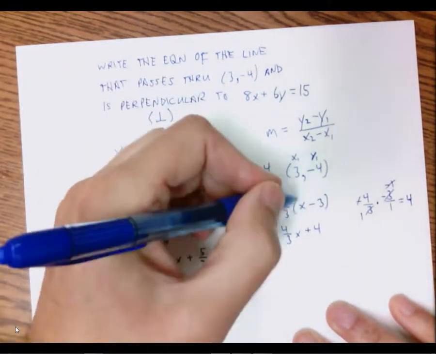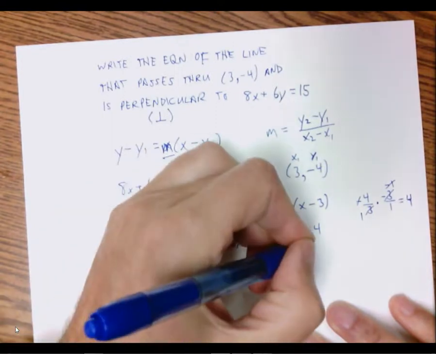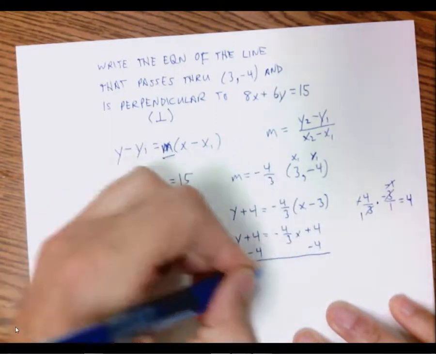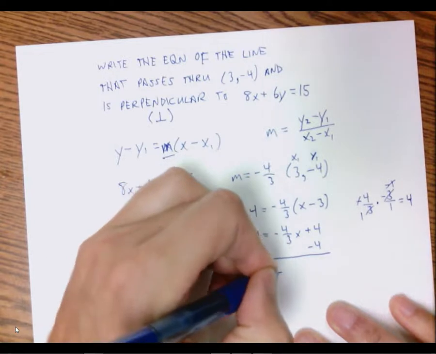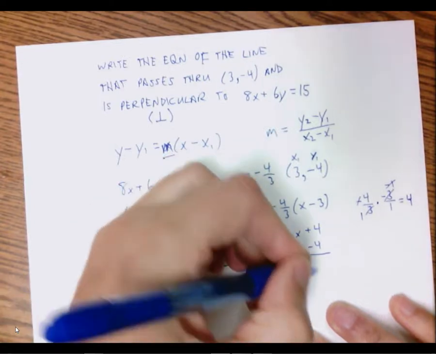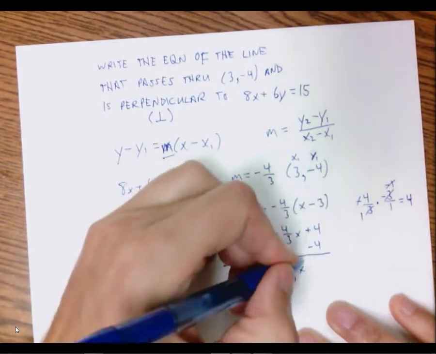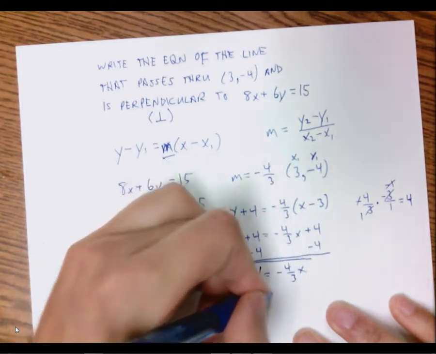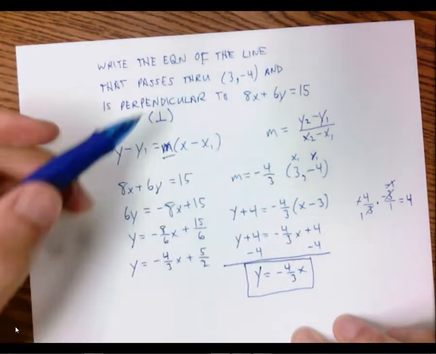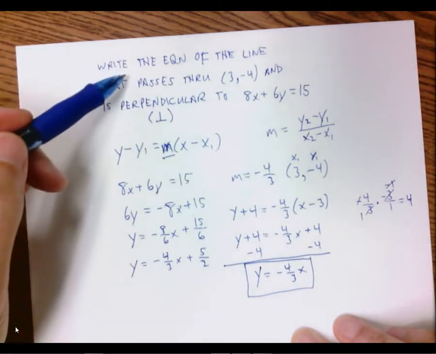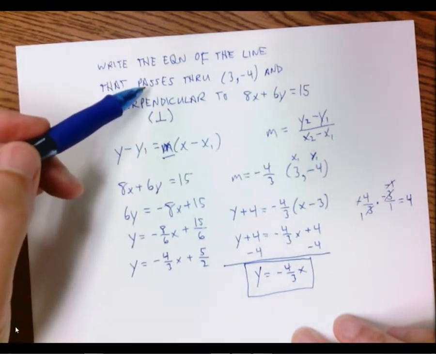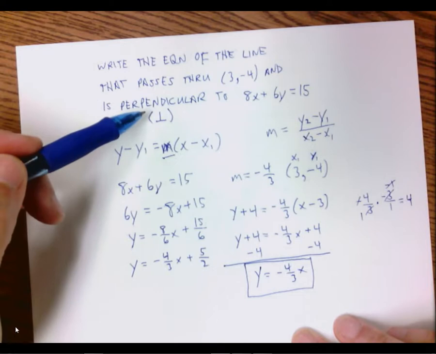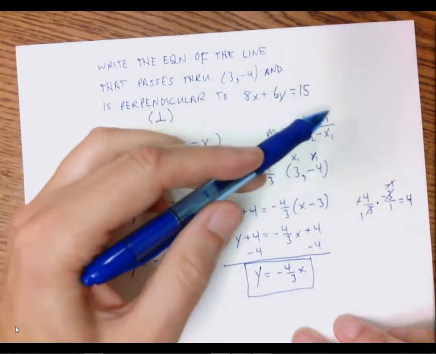We then subtract 4 from both sides. And in this case we get an interesting result: y equals negative 4 thirds x, and there is no y-intercept. So this would be the equation of the line that we're trying to find, the line that passes through 3 comma negative 4 and is perpendicular to 8x plus 6y equals 15.